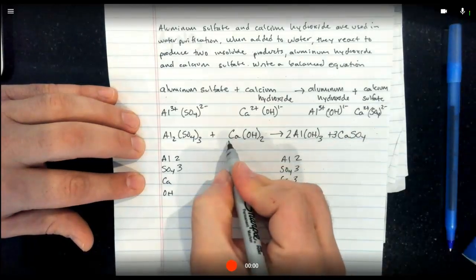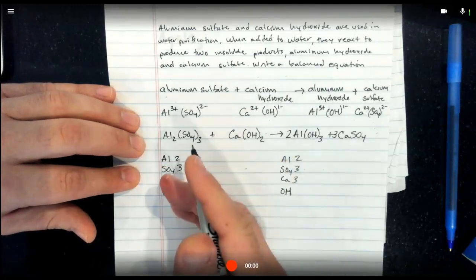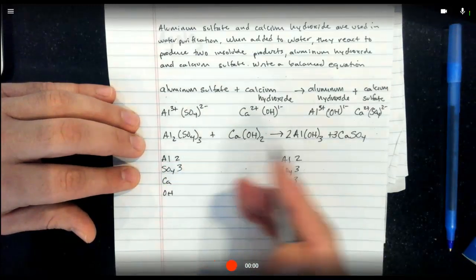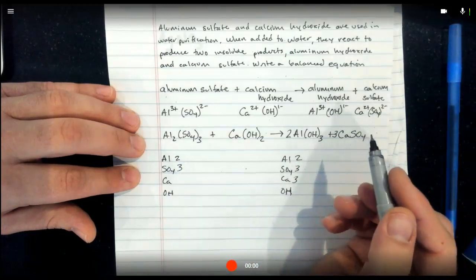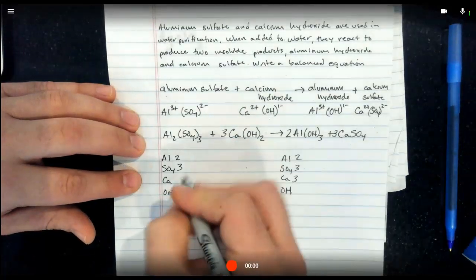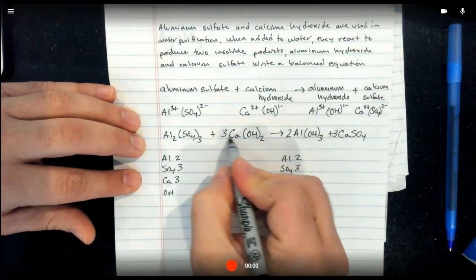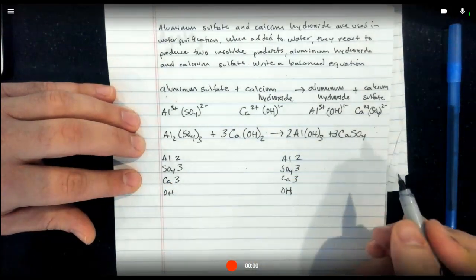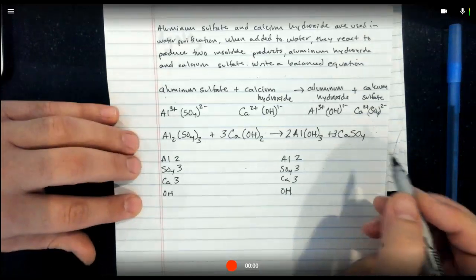We need to have 3 calciums on the reactant side. Remember, we want to have the same number and type of atom on both sides of the reaction arrow. So we need to change the coefficient here to a 3. Now we have 3 calciums, 3 calciums. Calcium's good. Let's take a look at hydroxide.